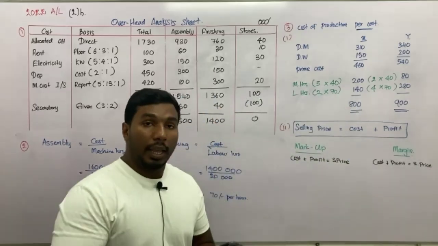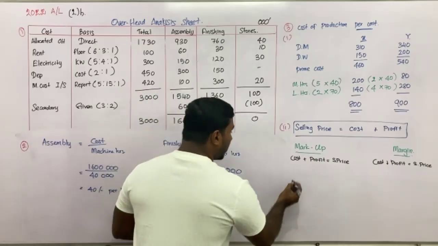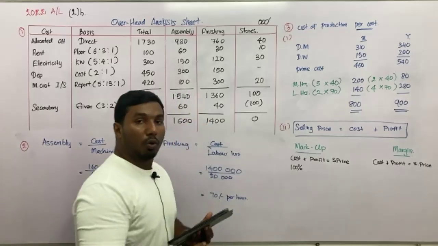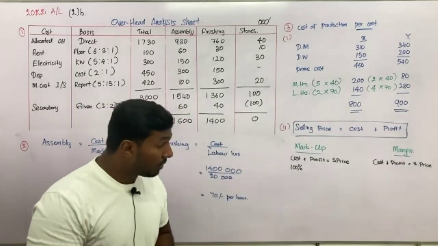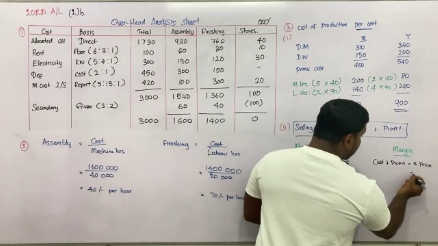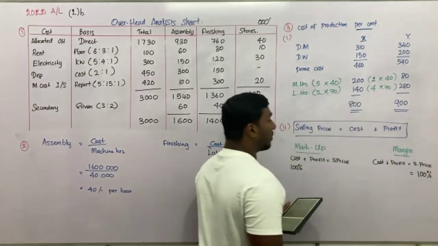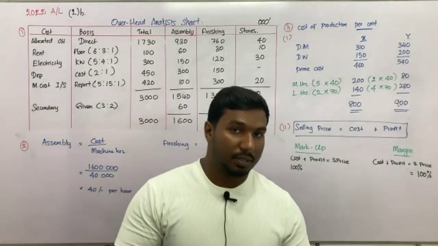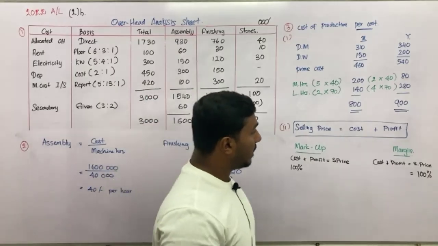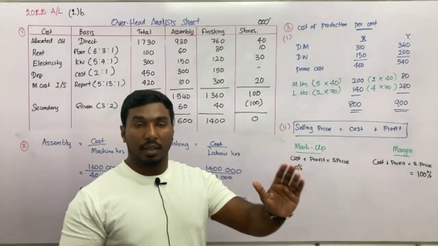In the situation of markup, cost is always 100%. But in the situation of margin, selling price is always 100%. In the markup, cost is 100%. In the margin, selling price is 100%. Keep that idea.